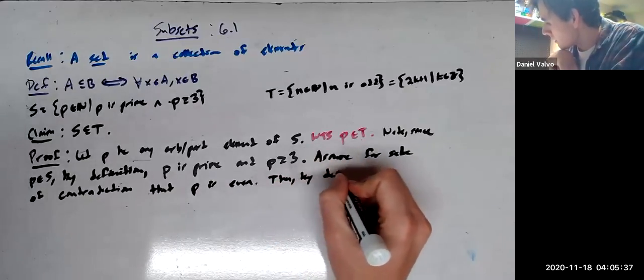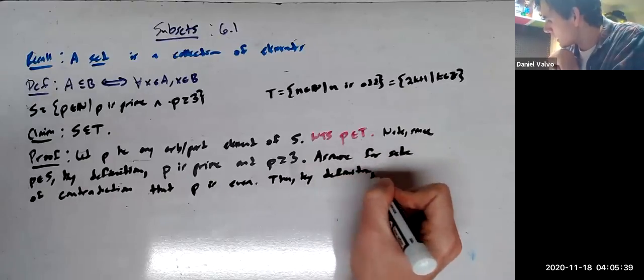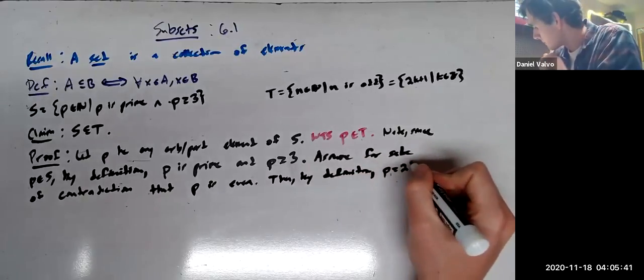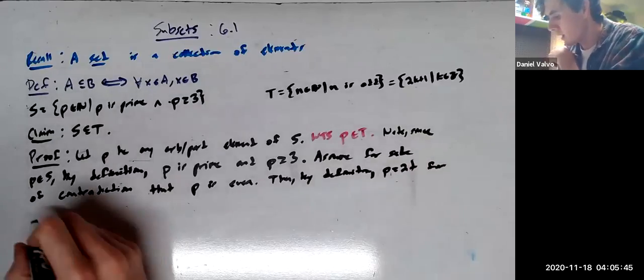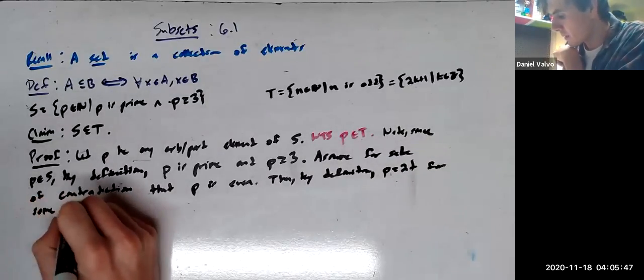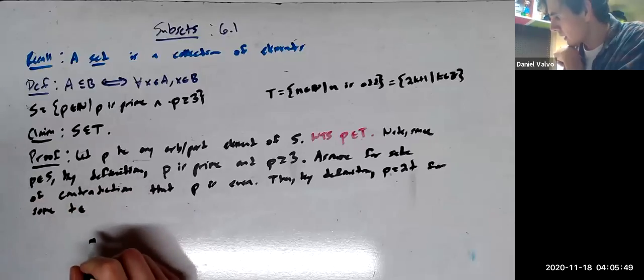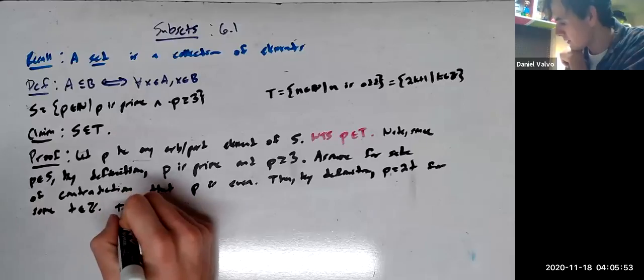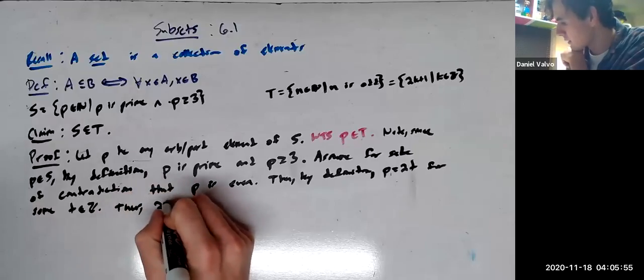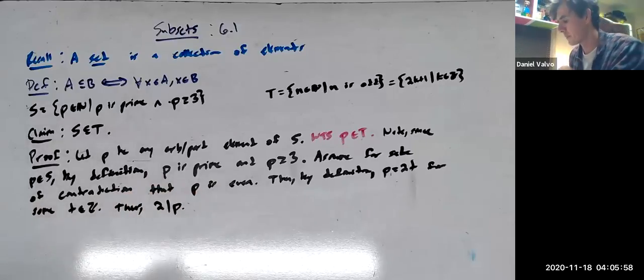Then, by definition, p equals 2t for some t in the integers. So that's what it means to be even. Thus, 2 divides p.